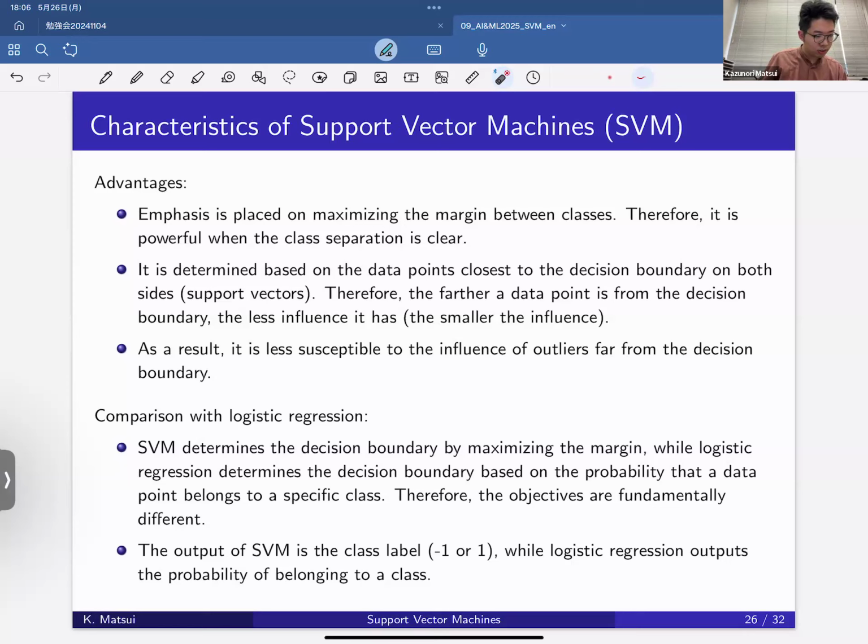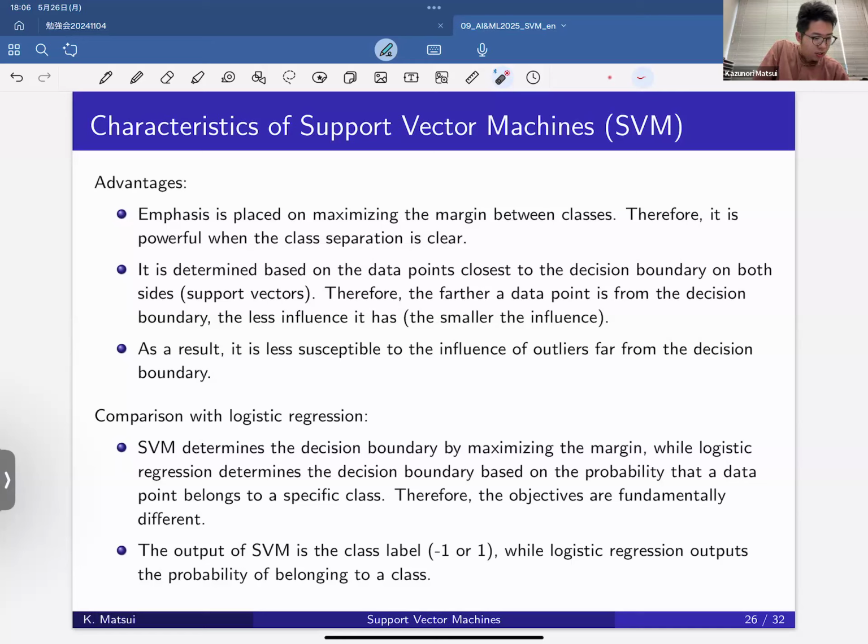So the further a data point is from the decision boundary, the smaller the influence it has. Therefore, it has the property of being less susceptible to outliers far from the decision boundary. With logistic regression, it is effective even if it is far from the decision boundary.